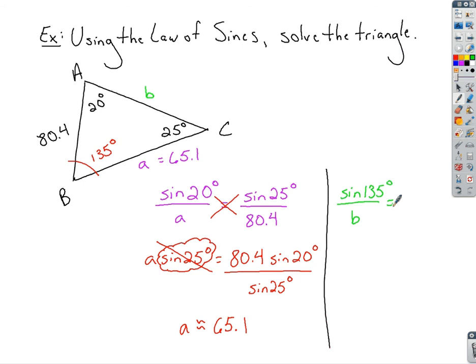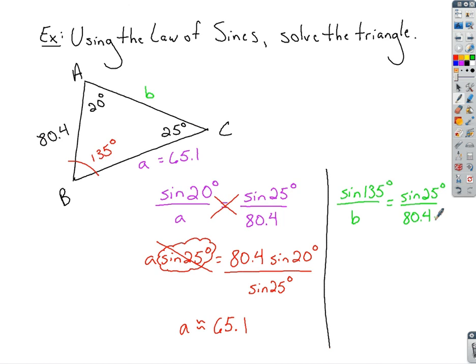That's going to equal, I want to set it equal to a ratio where I know both measures. Now we have a couple of ratios like that, but I'm going to go ahead and stick with what we had in the first place, the sine of 25 over 80.4. The reason I'm doing that is just in case I did make a mistake in finding little a here. At least I know the sine of 25 and 80.4 is accurate since that was given information.